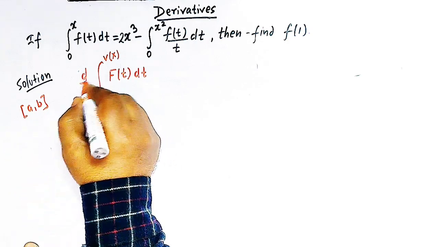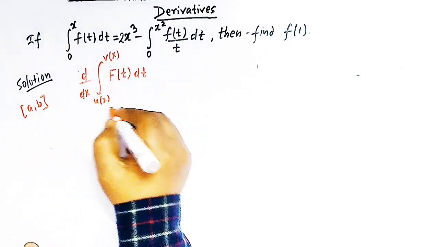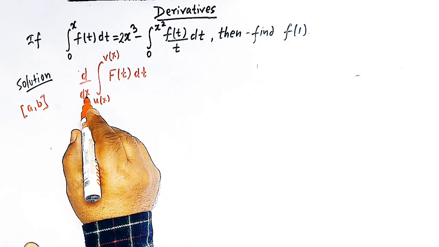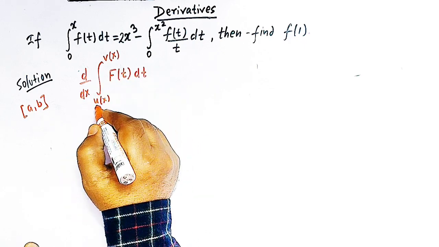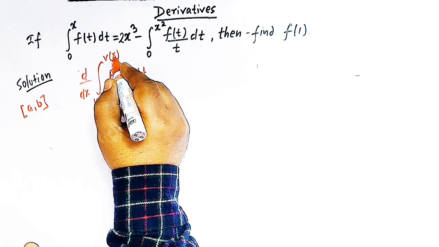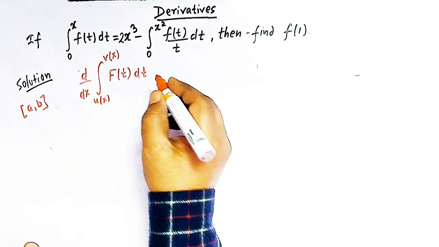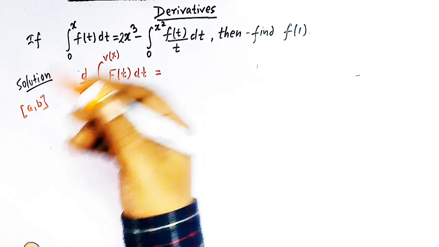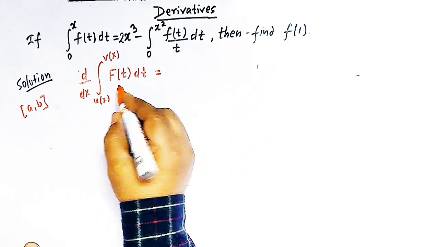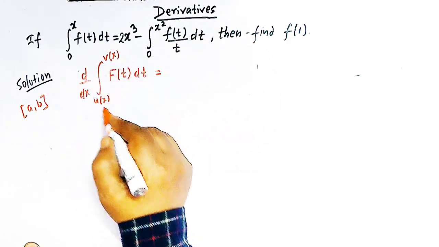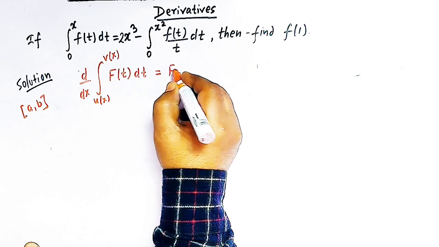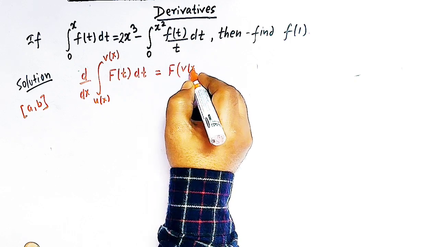And let us differentiate this integral with respect to x, right? So here u of x and v of x are some differentiable functions of x. Then the Leibniz integral theorem says that d by dx of this integral is given by f of v of x.